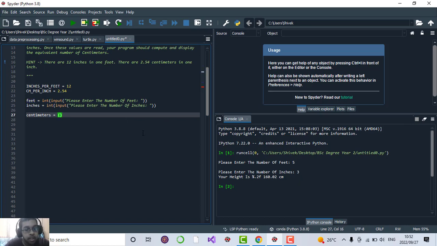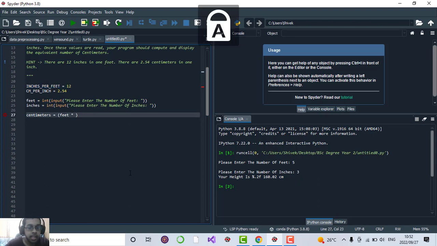So our goal, how do we get feet to inches? Well, according to the constant that we have defined, we take the number of feet entered by the user and multiply it by the number of inches that are actually in a feet. There we have it here in this constant, inches per feet.